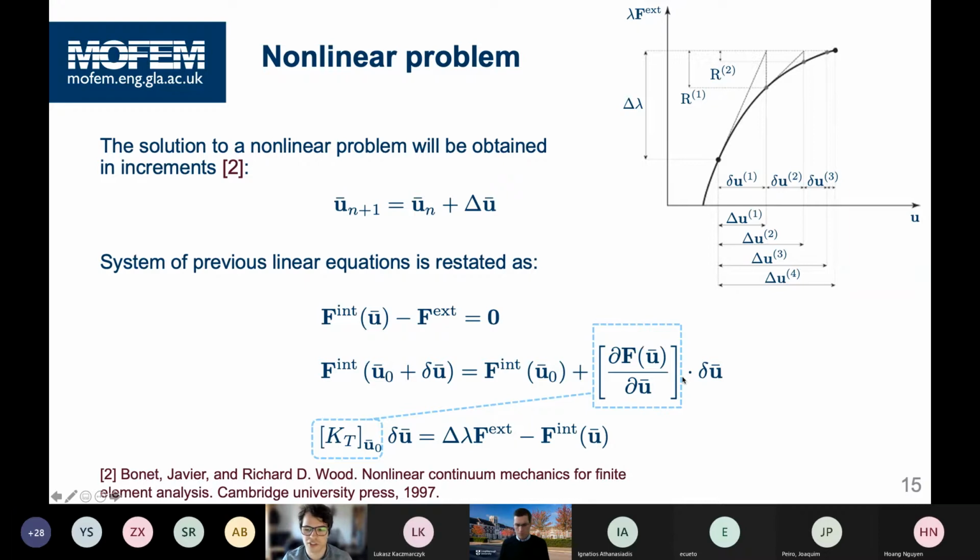This derivative is called the tangent stiffness matrix. So we can assemble this in a new linear system for calculating the increments. And if we solve it in a series of linear problems, our residual will consecutively decrease until we get a satisfyingly low error.